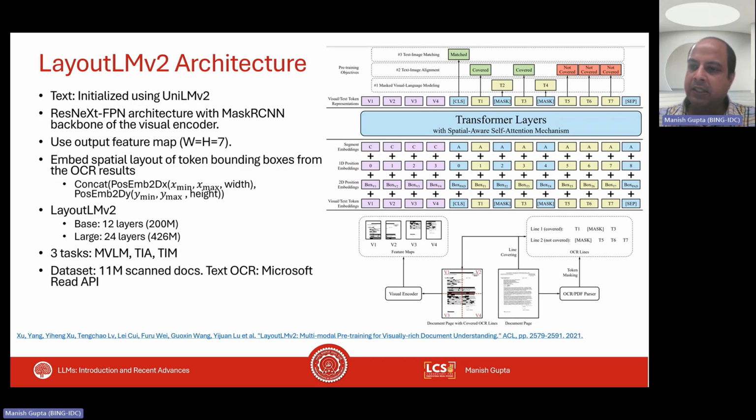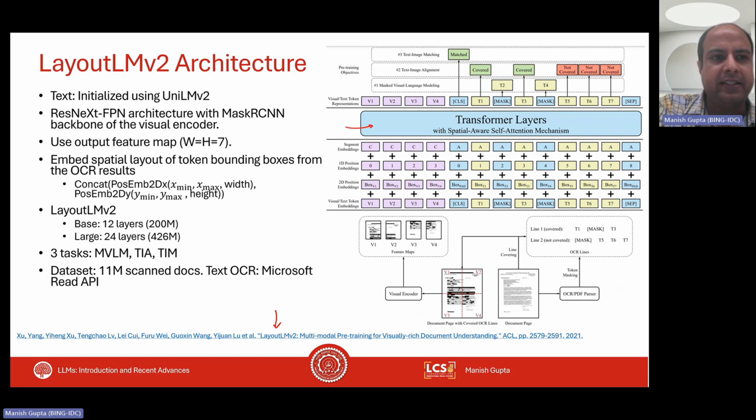Now, the main model for this kind of visually rich document processing, a very popular model, is LayoutLM. There are various versions, LayoutLM V1, V2, and there's also a LayoutLLM, and I'd motivate you folks to go ahead and look at it later. What is interesting is that it uses transformer models.